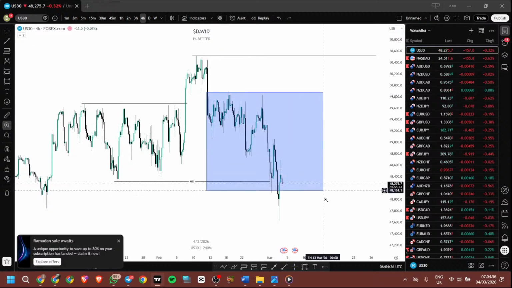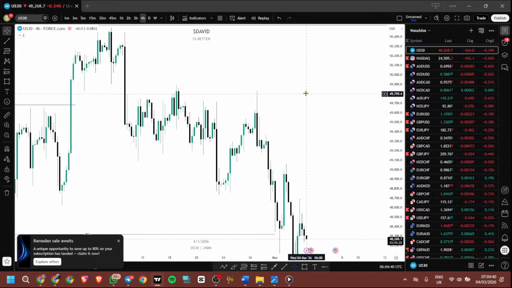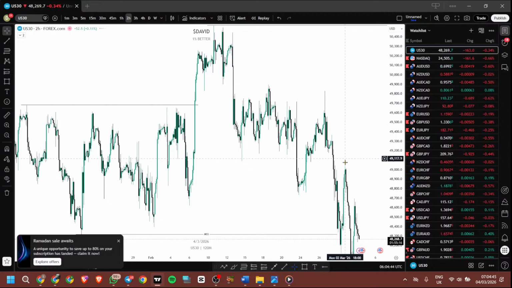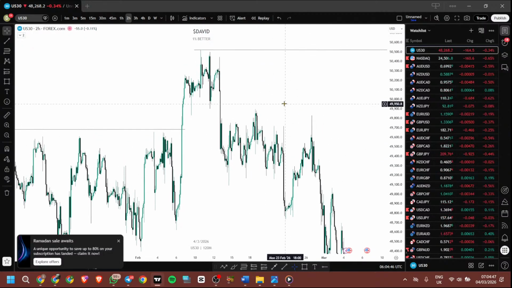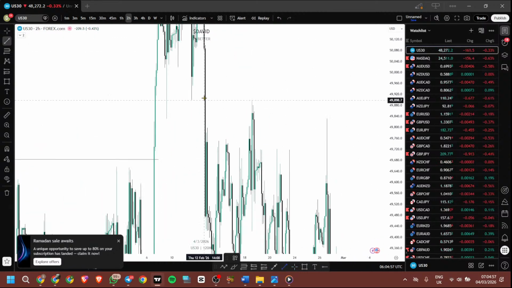So let's see what happens in this zone here. I'm going to go lower, like 2-hour time frame. Then start from here. So the last time I was live, I gave this analysis for a sell opportunity right here, but price did not trigger us, and I figured that it did not tap into my zone.